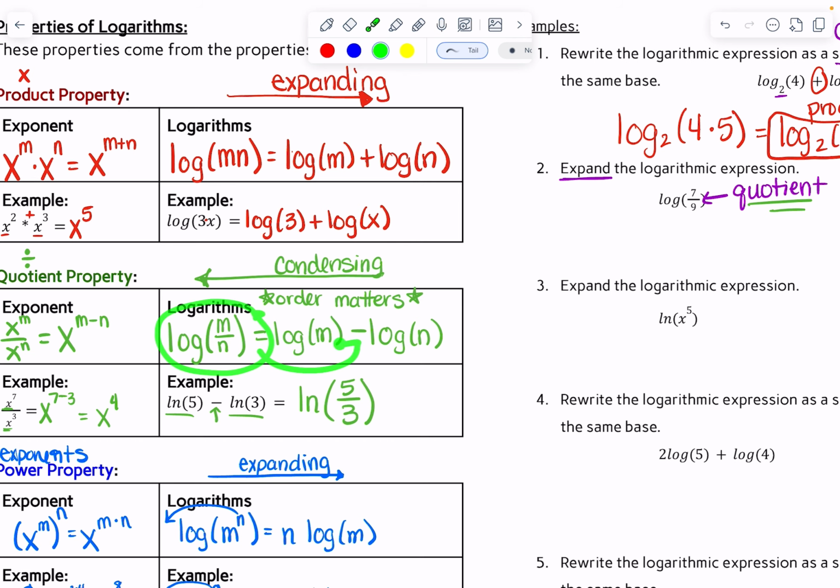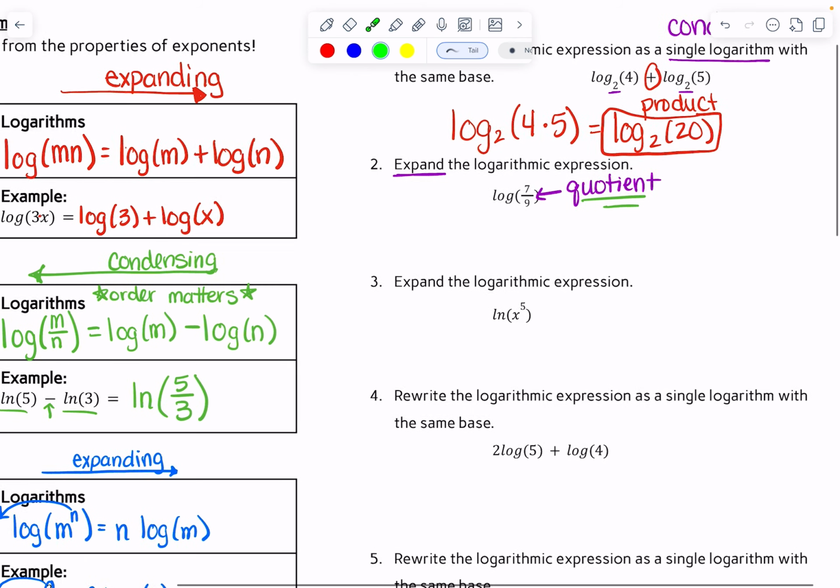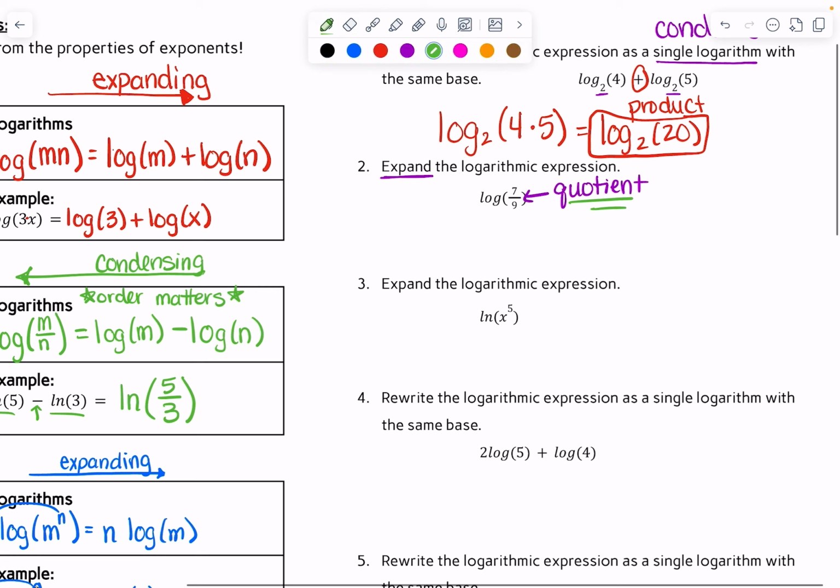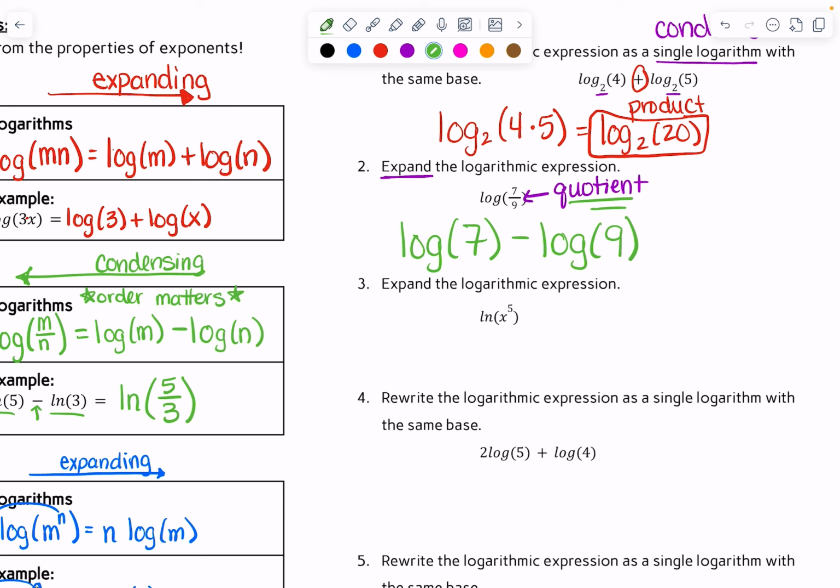So we're going to expand this into subtraction. So if I have the log of 7 over 9, we know that that's base 10. We're going to take the log of the numerator, so the log of 7, minus the log of the denominator, log of 9. And if I'm looking here, I just have a 7 and I have a 9. I don't need to expand that any further. I have a single number in each of those logarithms.